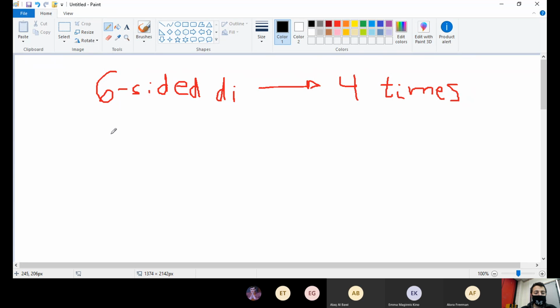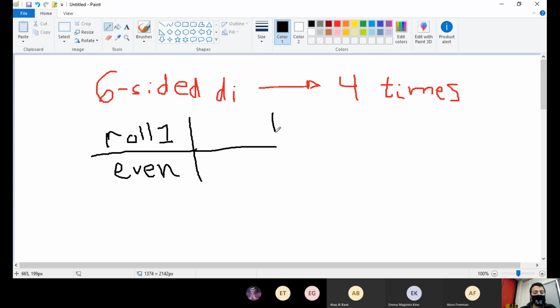what's the probability that on roll 1, the die lands on an even number, like 2, 4, or 6? All right. But then on roll 2, it lands on either 5 or 6.